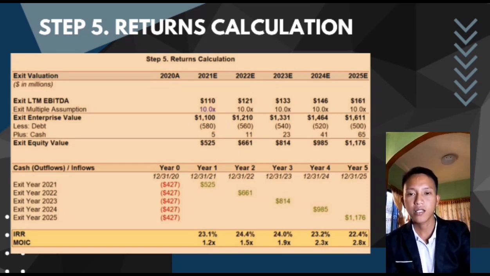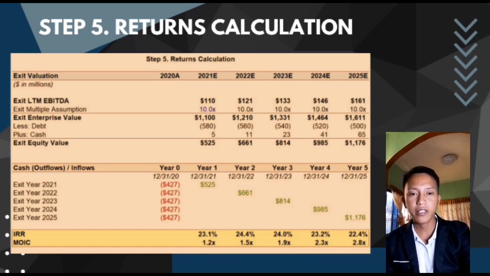So that is the year 2021 exit enterprise value. Just the same in 2022: 121 times 10 multiple is equal to 1,210.